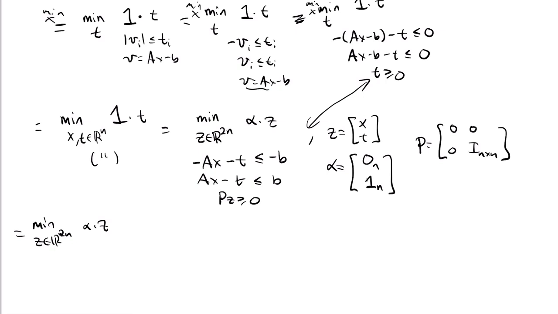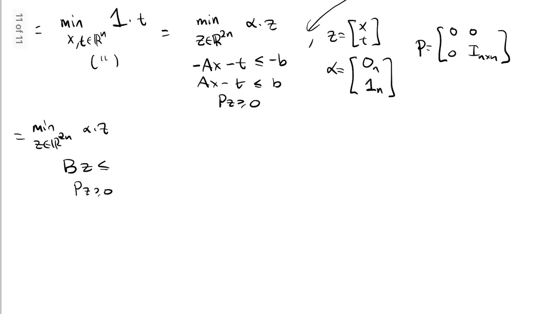So then this is equal to minimizing alpha dot z subject to B z less than or equal to beta, and pz greater than or equal to 0. This is where B equals, and I'm going to get this B, its first row is going to come from this equation, and its second row is going to come from that equation.